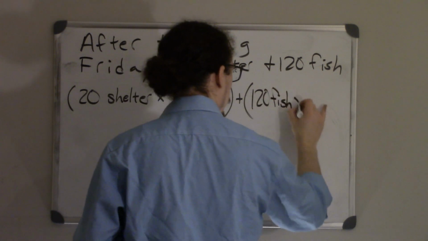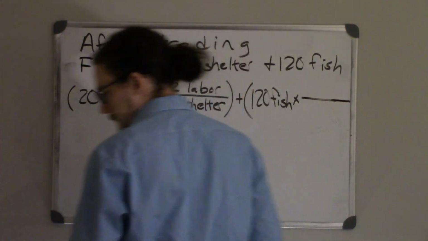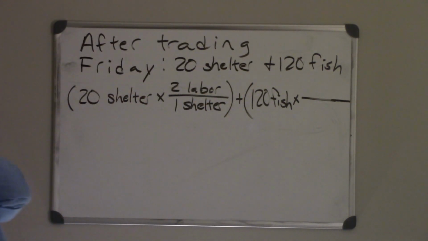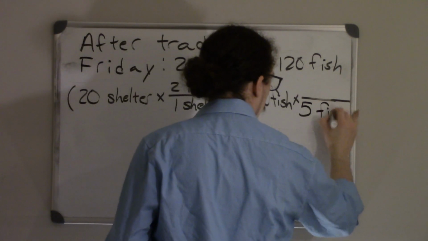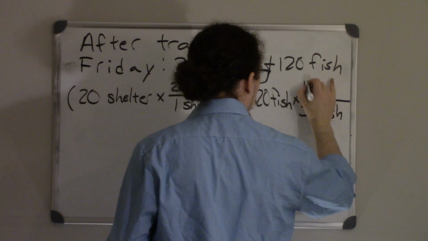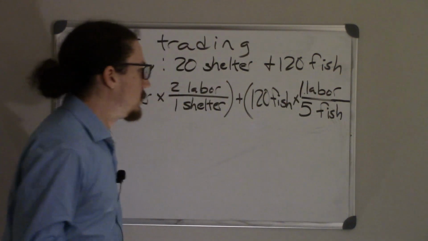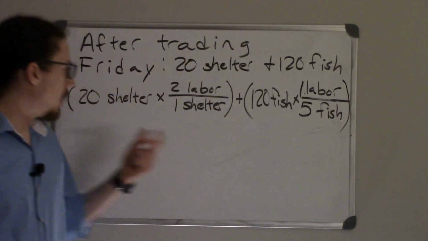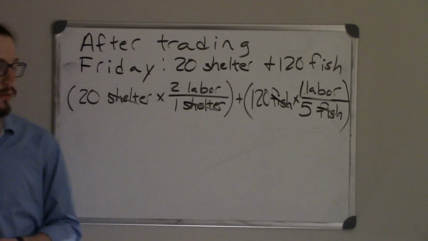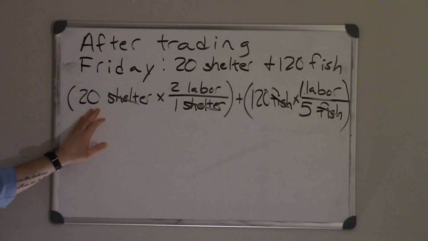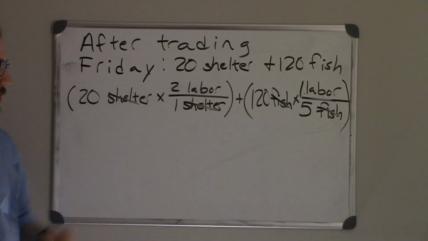So once again, we're just going to set up this equation real quick. I believe it was 5 fish for 1 labor. So again, we're just going to set these up, trying to cancel out our goods and be left with units of labor.